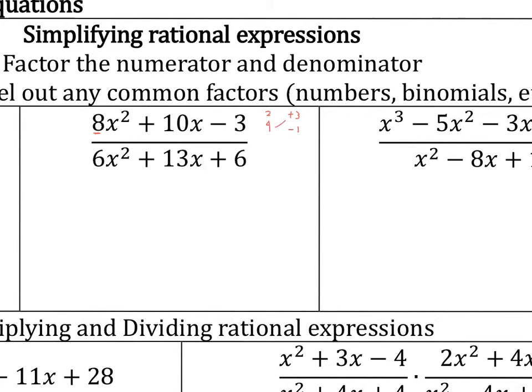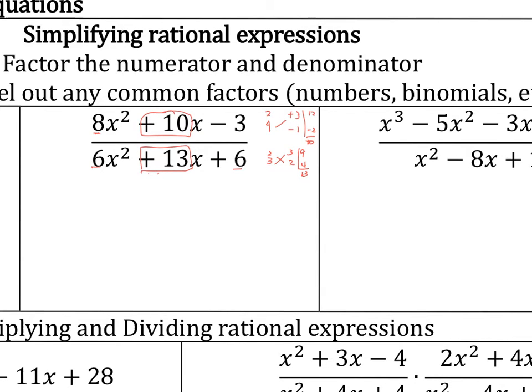If you use the magic cross, it would be 12, negative 2, so this will produce a positive 10 here. So I'm going to leave this here for now, and I'm going to look at the bottom, 6 and 6. Then I can do 2, 3, 3, 2. So we cross this. This will be 4, 9, and this will be positive 13.